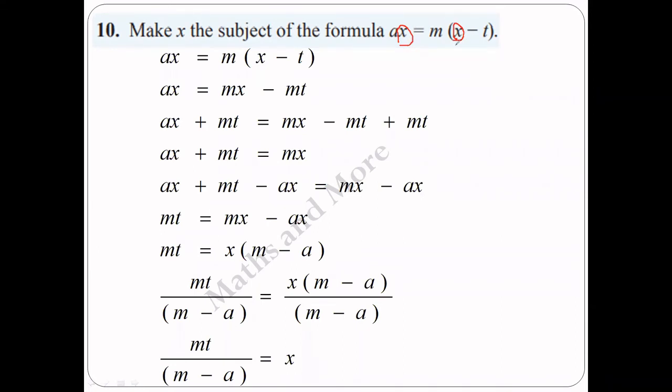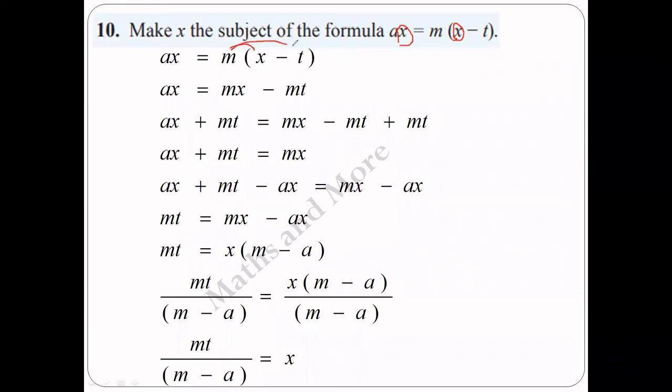So, in this type of problem, what you have to do is take the terms representing the subject, the symbol of the subject, to one side. You have to get both this x and this x to one side, left or right. To do that, you have to remove the bracket first. Otherwise, you can't take these x terms to one side.